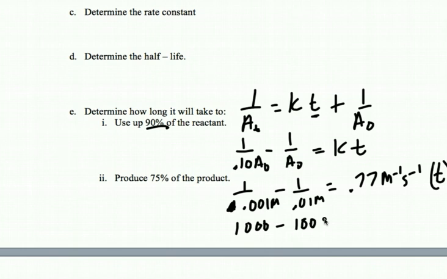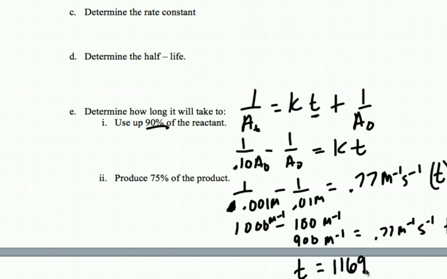Molar to the negative 1. So this becomes 900 molar to the negative 1 is equal to 0.77 molar to the negative 1, second to the negative 1, t. So when I divide these, 900 divided by 0.77, the molars are going to cancel out and the seconds will flip to the top again, and I'll get my time to be 1169 seconds.